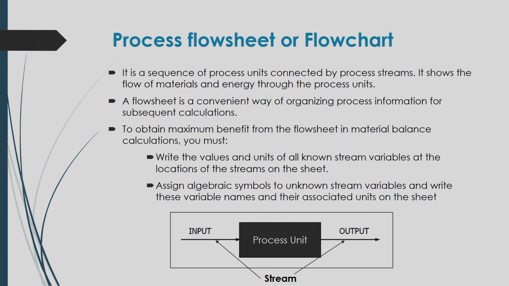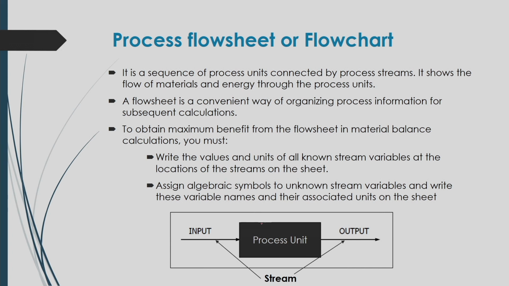To obtain the maximum benefit from the flow sheet in material balance calculations, you must write the values and units of all known stream variables at the locations of the streams on the sheet.